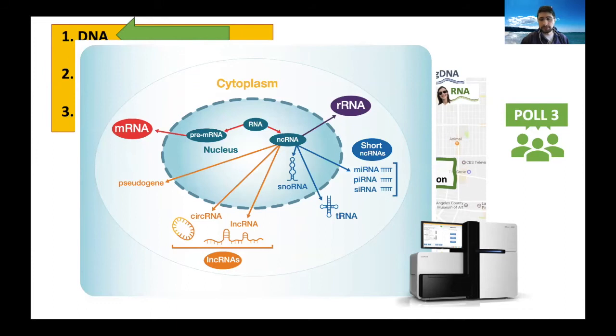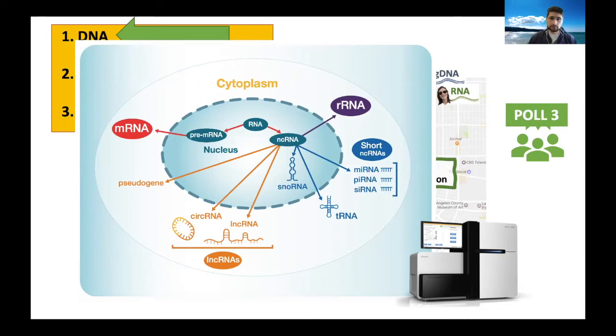Yeah, it varies between 70 to 90%. And do you know what the percentage of messenger RNA is, which is usually the molecule that we want to assess the transcription levels of? Messenger RNA varies again. It's usually about 5%. So it's a very minor amount of the total RNA that we have in our cells.